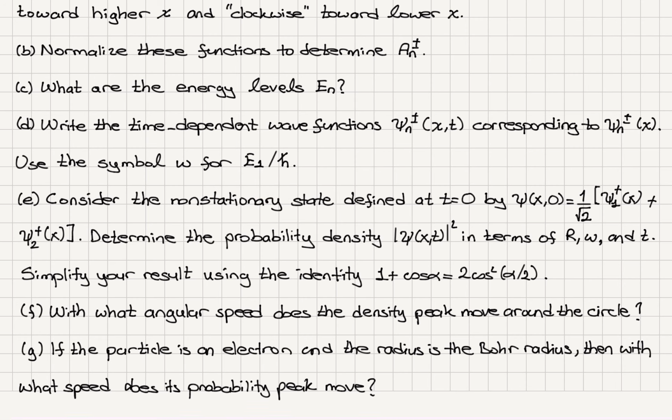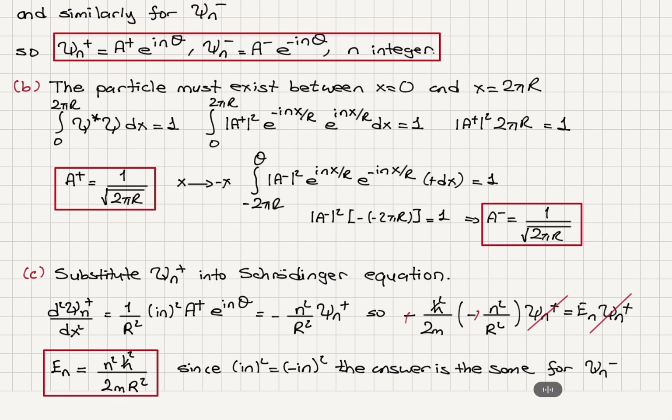Okay, so how do we modify our solution to get to time-dependent solutions? Well, we have psi as a function of x and t equal to psi of x times e to the minus iEt over h bar.